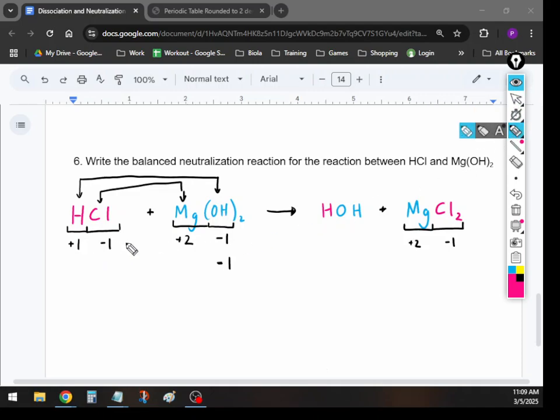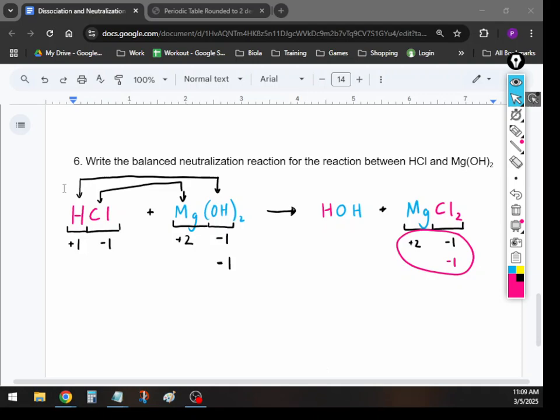That's the reason why we went over the charges, to figure out what kind of salt we're going to make. It's going to be MgCl2 because you need 2 Cl's to balance out the +2 on the Mg. Make sense?